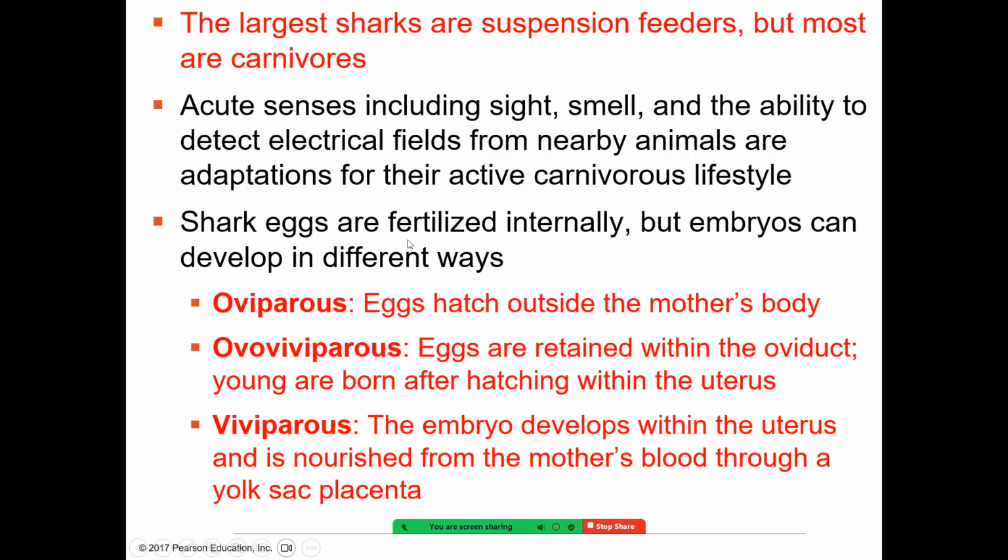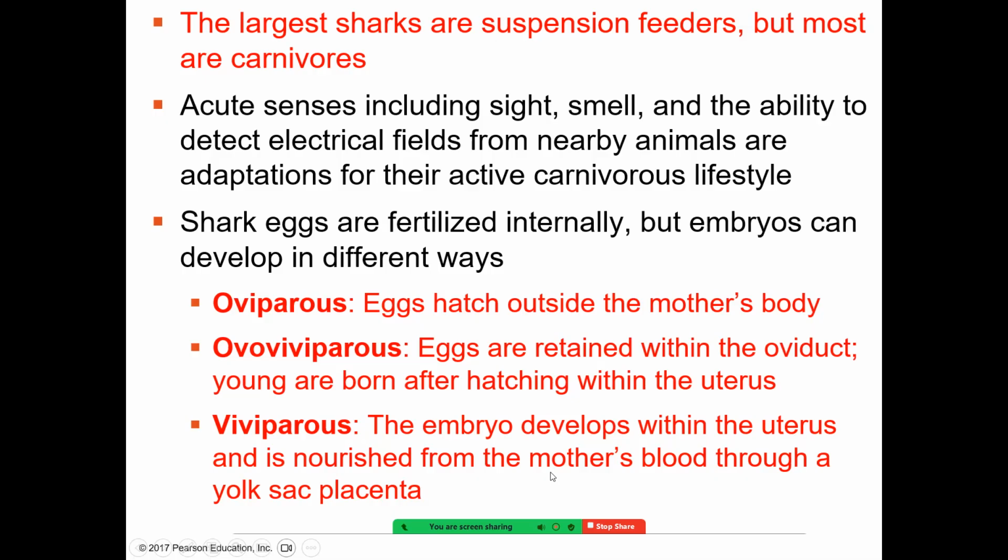All shark eggs are fertilized internally, but the embryos go on to develop in different ways. Some sharks are described as oviparous. The eggs will hatch outside of the mother's body. Ovoviviparous, the eggs are retained within the oviduct, and the young are born after hatching within the uterus. And then the last one is viviparous.